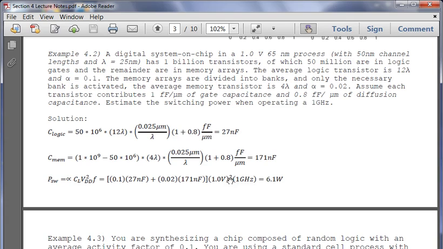And then our switching factor for memory was 0.02, and we calculated that the memory capacitance of the 1 billion minus 50 million goes out to 171 nanofarads. We multiply those together and sum them. That becomes our total switching factor times the total capacitance. We multiply that by 1.0 volts squared, that's VDD squared, and then multiply by 1 times 10 to the 9 hertz. And the total power consumption for the switching comes out to 6.1 watts for this particular circuit.